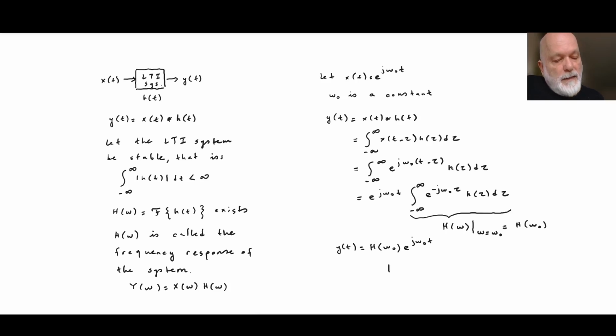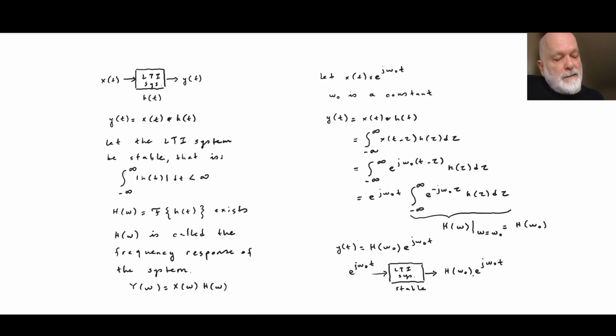So we have interpreted this result as follows. We have a stable LTI system, and we have to be sure that it is stable. If the input is e to the j omega 0 t, the output is H of omega 0 e to the j omega 0 t. So essentially the system action leaves the input signal invariant.